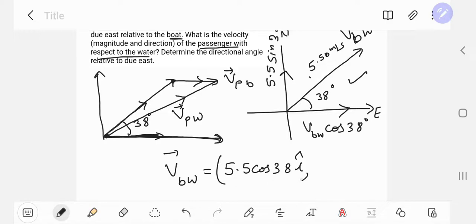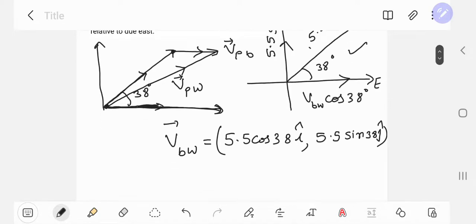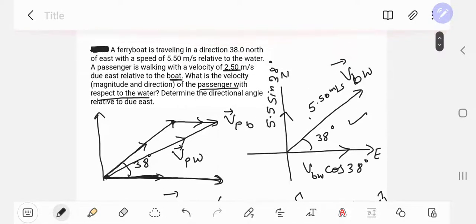And the second one is the y component, which is 5.5 sine of 38, and that is j cap, or the y component. And what will be the directional component for the person? So the person is going due east, so the person's velocity with respect to the boat, that was 2.5 in my question.